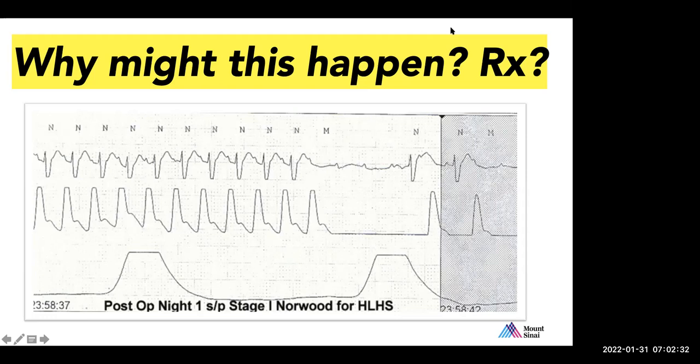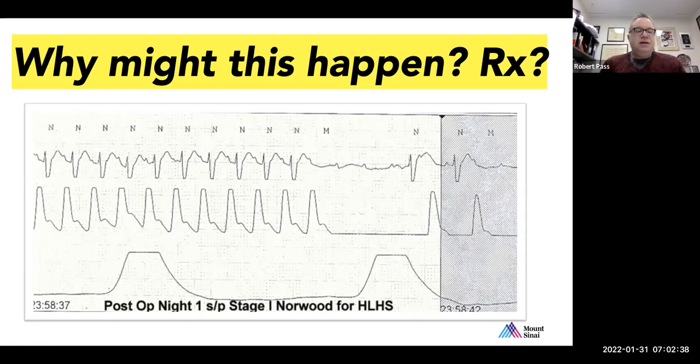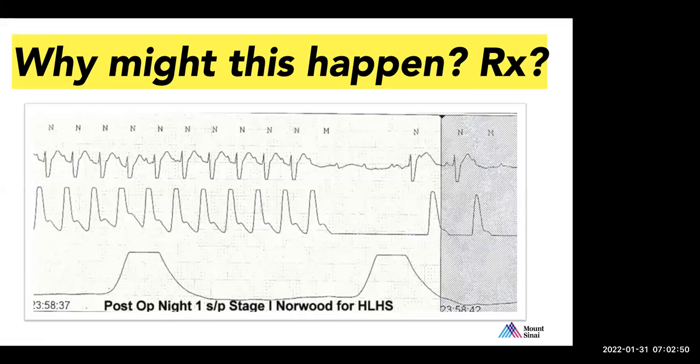Good morning. I should tell you the tracing. This is obviously the ECG on the top, and this is an A line. Sorry, wasn't clear. So I see a P wave prior to the QRS.